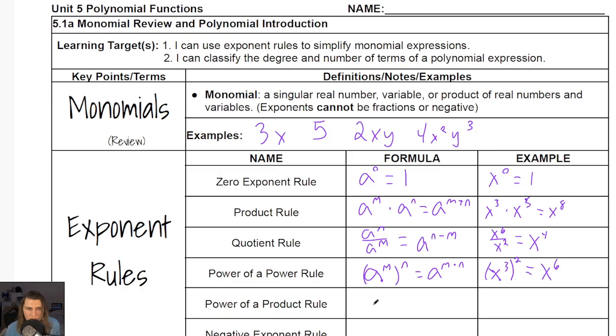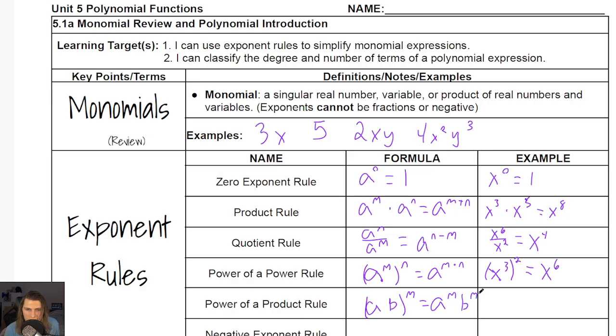We also have the power of a product rule. If we have a times b in parentheses, and we take it to the m power, we really get a to the m times b to the m. Let's take that back a few steps: a to the m times b to the m.